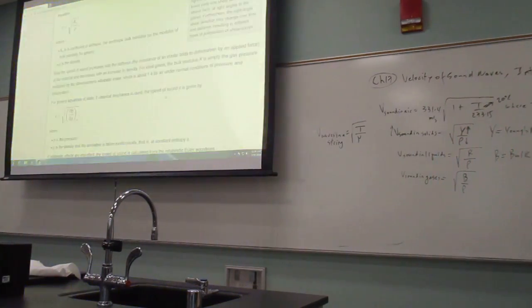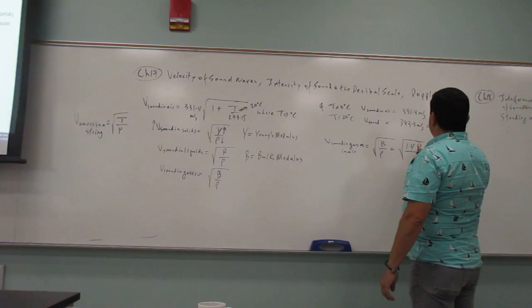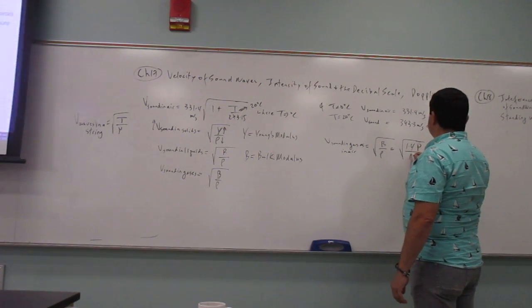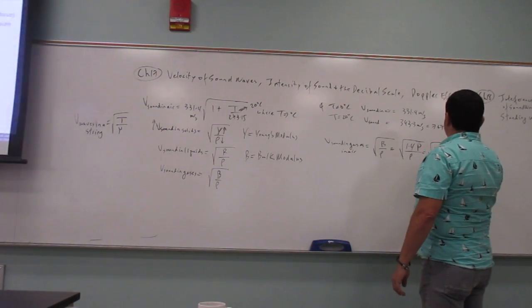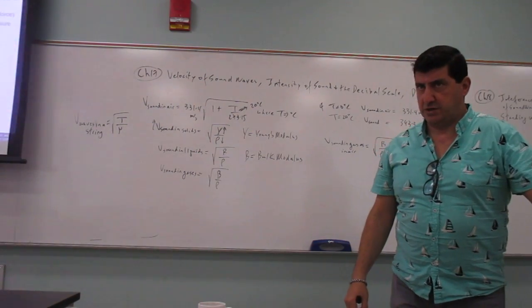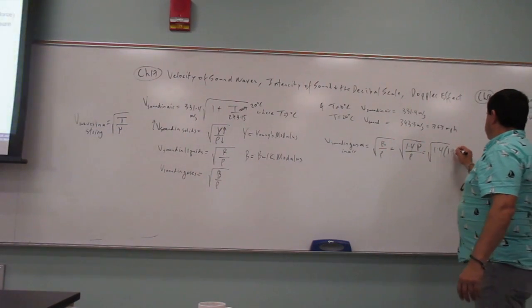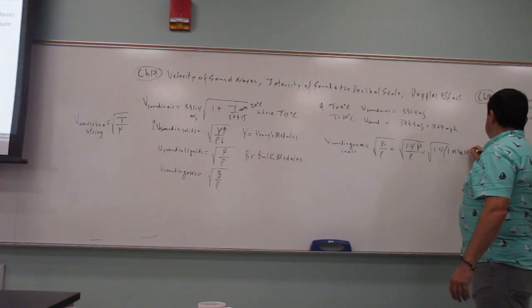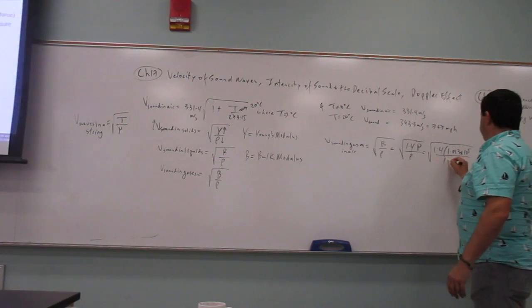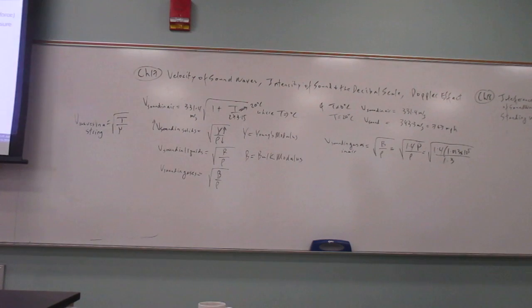Okay. So if what they said is true, the bulk modulus is 1.4 times the pressure of the gas, over the density of the gas. So what would be the pressure at atmospheric sea level? 1.103 times 10 to the 5th, right? Over the density of air, right?